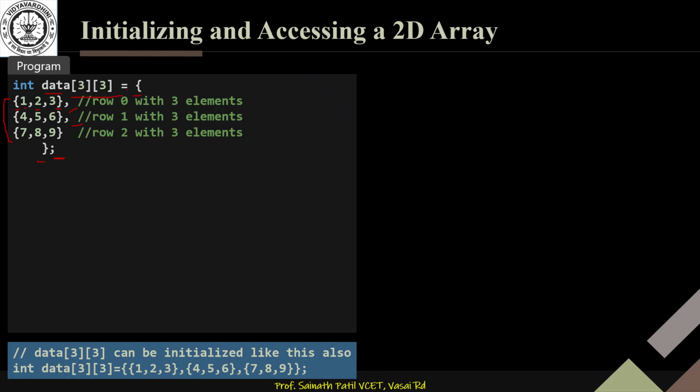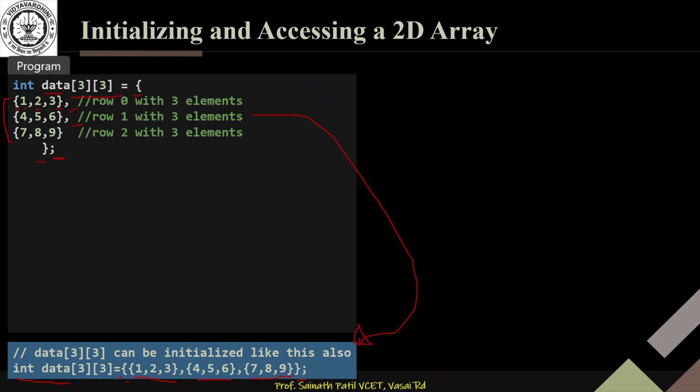This same thing can be represented like this, on a single line: data[3][3] is equal to an opening curly bracket and a last closing curly bracket, and in between, 3 rows individually enclosed in curly brackets separated by commas.